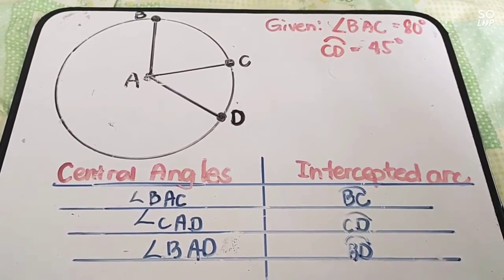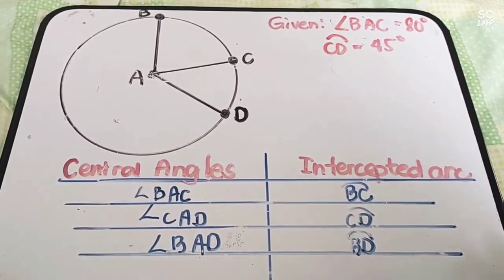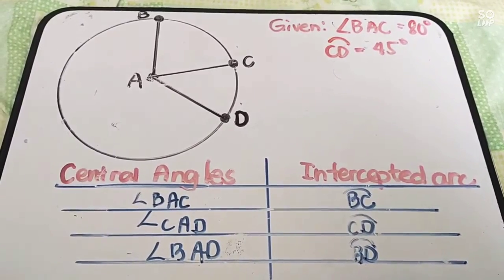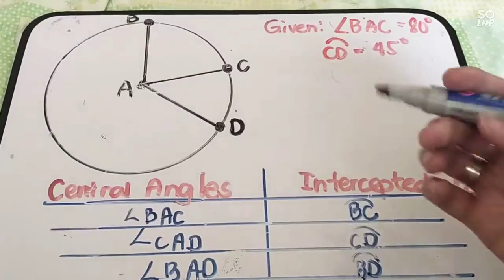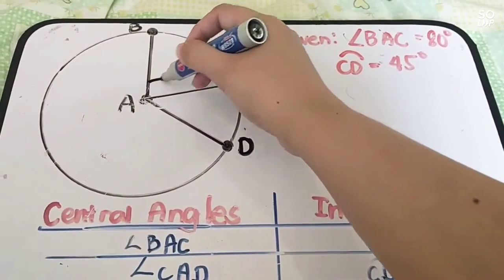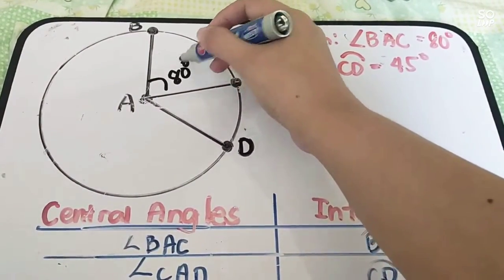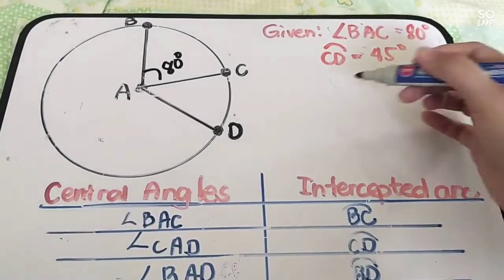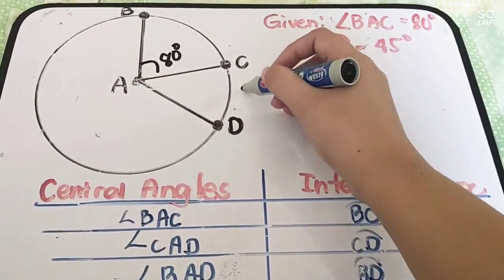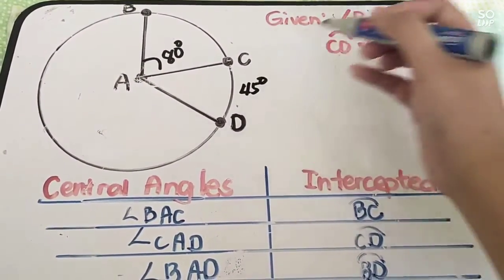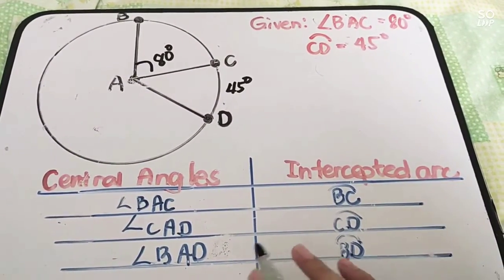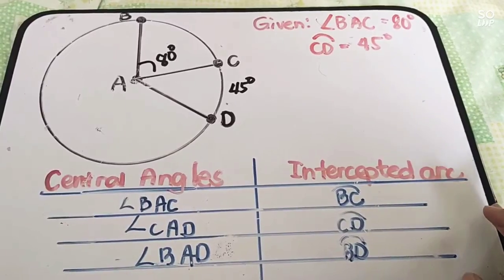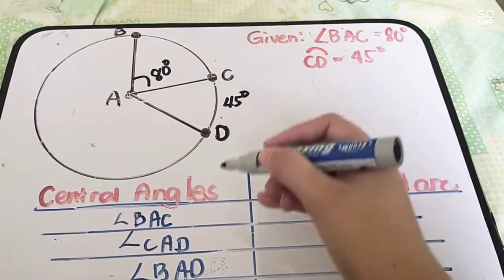Consider again this figure, circle A. We are given that angle BAC is equal to 80 degrees. Then arc CD is equal to 45 degrees. Let us find the measurements of the other angles and intercepted arcs.